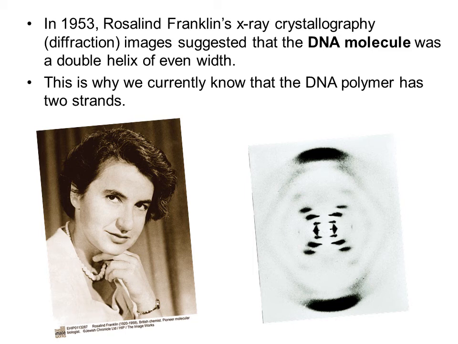She obtained this from purifying DNA. Once she purified it, she bombarded it with X-rays. The X-rays diffracted and created an image on a piece of film paper. Then she analyzed what the image suggested.